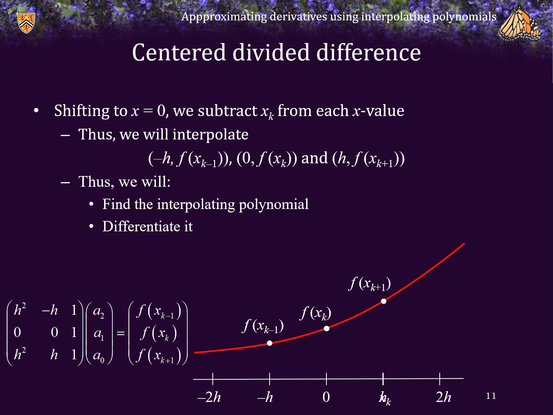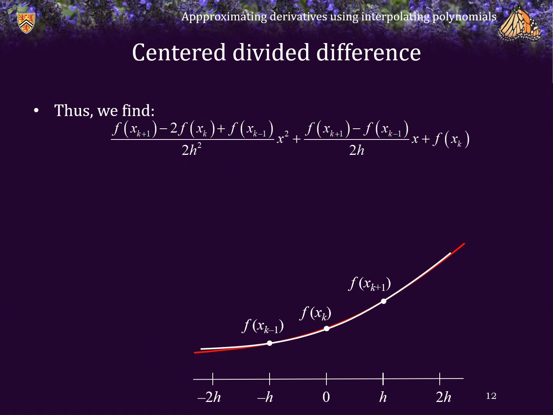We will then differentiate that interpolating polynomial and then evaluate that derivative at the point x equals 0, which will give us the slope at that central point. Thus, we would find that the interpolating quadratic is this expression here.